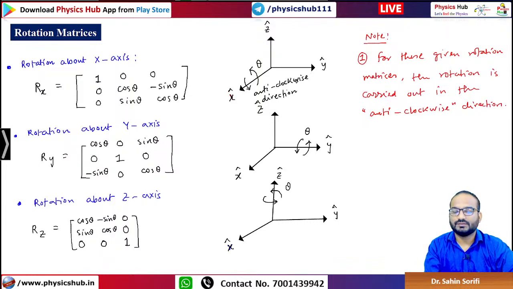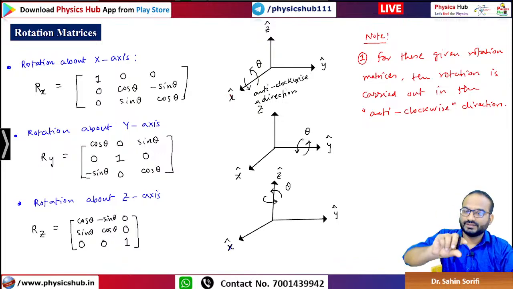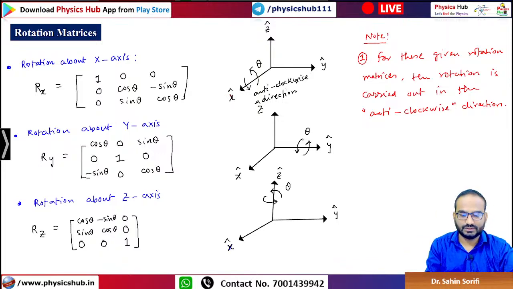Now instead of giving a rotation of theta in the anti-clockwise direction, if you give it in the clockwise direction, what are you going to do? You can just replace theta by minus theta, right?